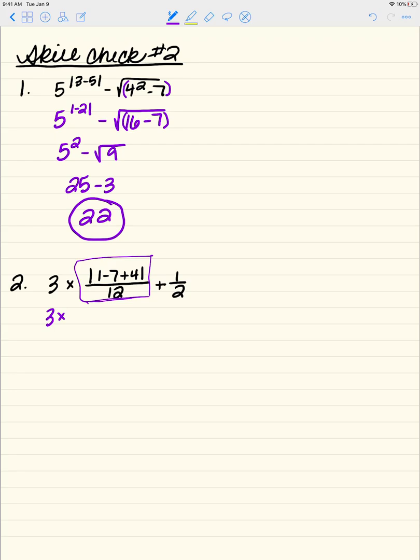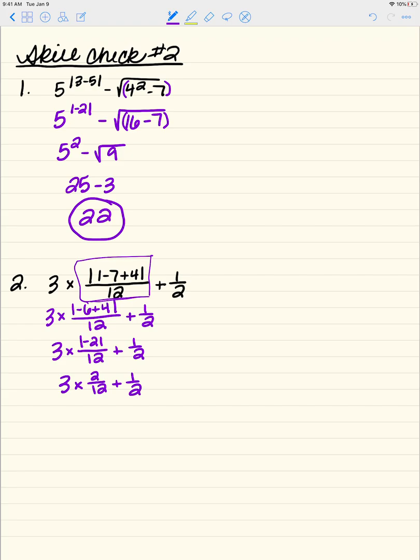So 1 minus 7 is negative 6 plus 4, absolute value, over 12 plus 1/2. 3 times negative 6 plus 4 is negative 2. Absolute value divided by 12 plus 1/2. 3 times absolute value of negative 2 is 2 over 12 plus 1/2.